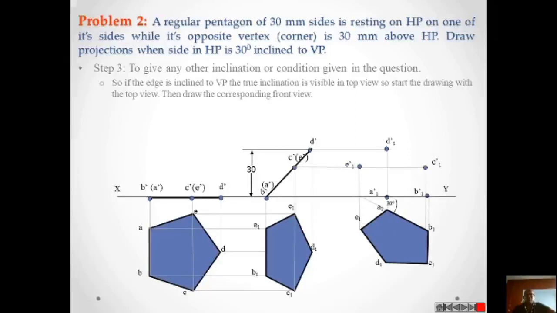So here this is the projection from A and this is the locus line from A, so you got A1 dash here. The E1 projection and E locus line give E1 dash. Like that you get all these points, and when you join them, we will get the final front view of the pentagon. So this is the second question.